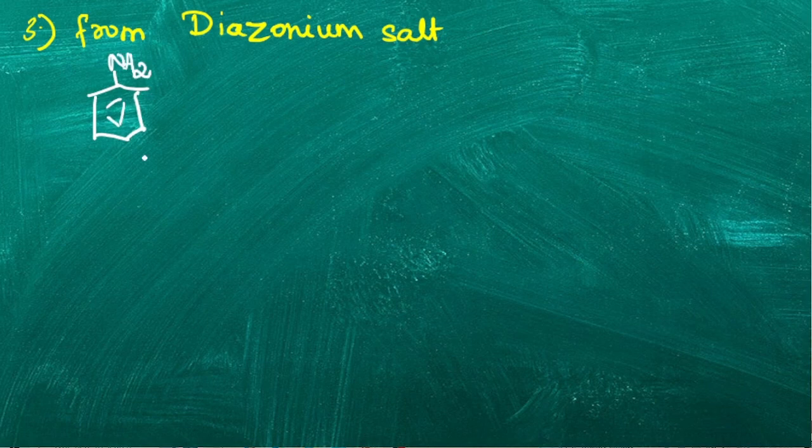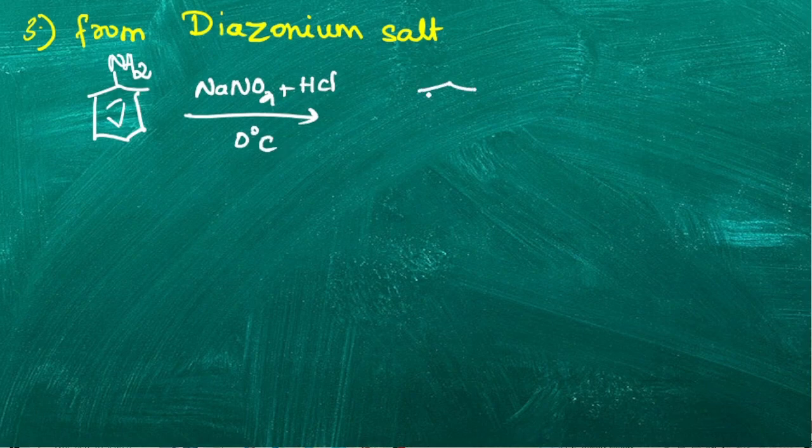What is benzene ring with NH2? It is called as aniline, right? Taking that, you are going to react it with NaNO2 plus HCl at 0 degrees Celsius. You are going to get the benzene ring with N2Cl, and further you are going to react it with warm water.